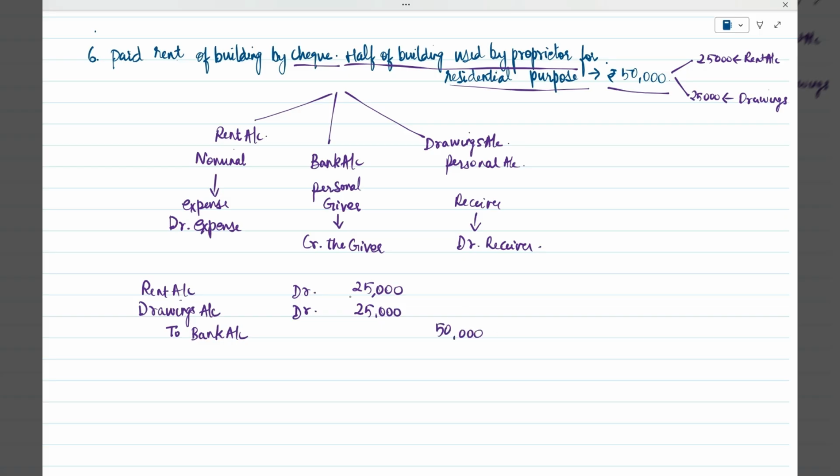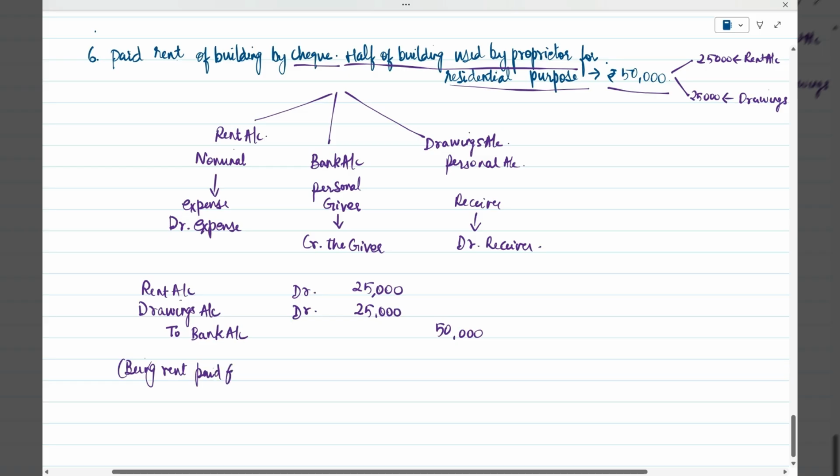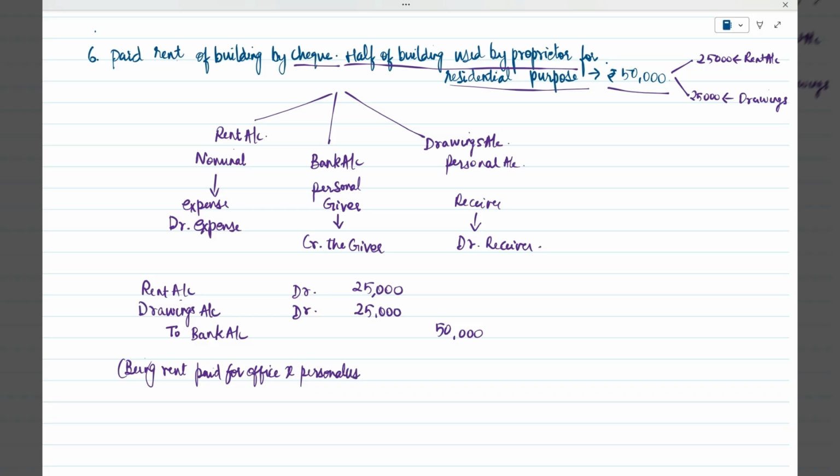Once again, it is ensured that the total of the debits is equal to total of credit. Being rent paid for office use, office and personal use.